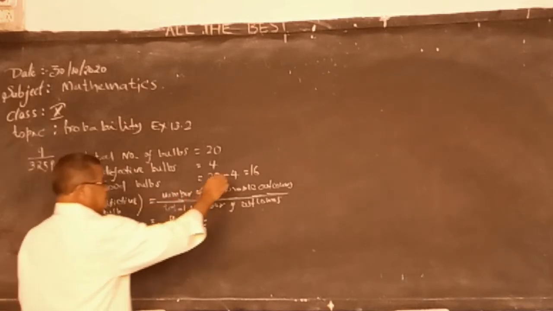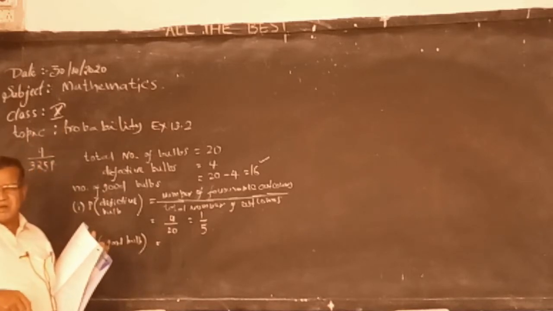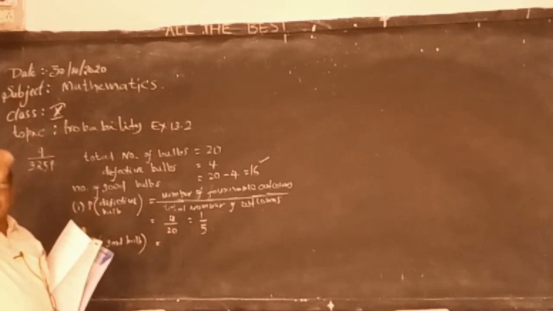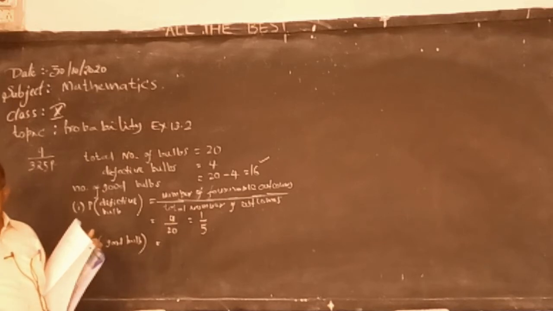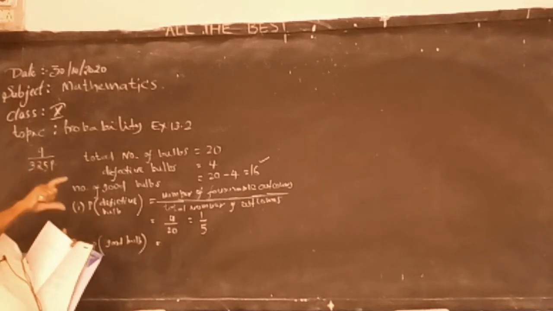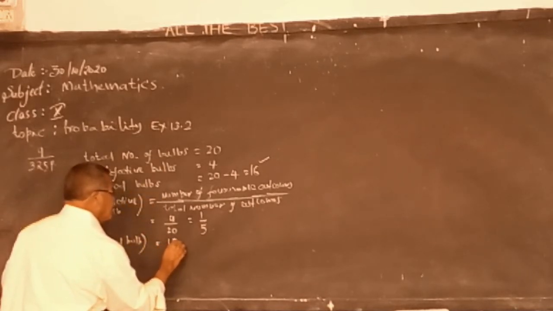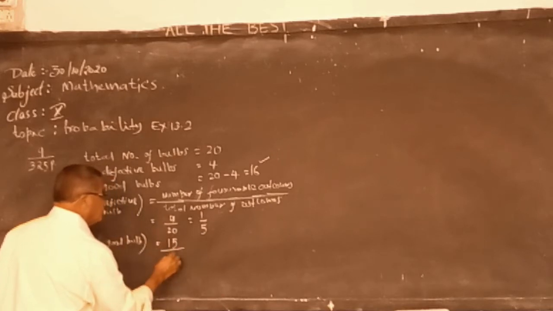So out of 16 good ones, one bulb is taken out to show the customers, kept in the showroom like that. So remaining bulbs are 15.